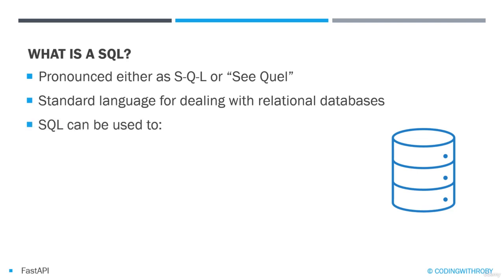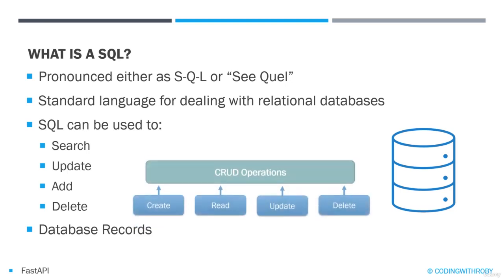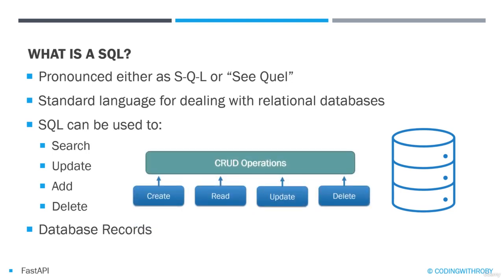SQL can be used to search, update, add, and delete database records. This information may sound very familiar, and that's because SQL in essence is using CRUD operations on a database. Again, to access a database, we need a DBMS to handle pretty much everything involved with the database.